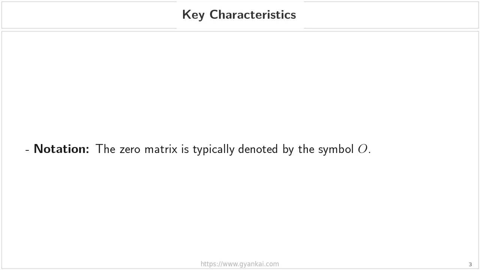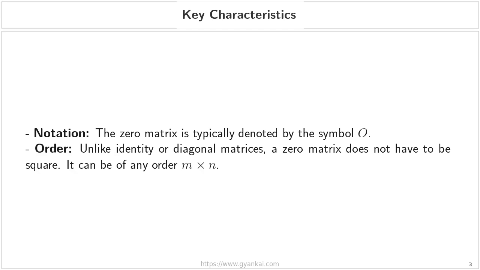Key characteristics. Now that we have established the definition of a zero matrix, let us look at how it is represented and the rules regarding its dimensions. First, regarding notation, the zero matrix is typically denoted by the capital letter O. Moving on to the order of the matrix, it is important to note a key difference here compared to other special matrices.